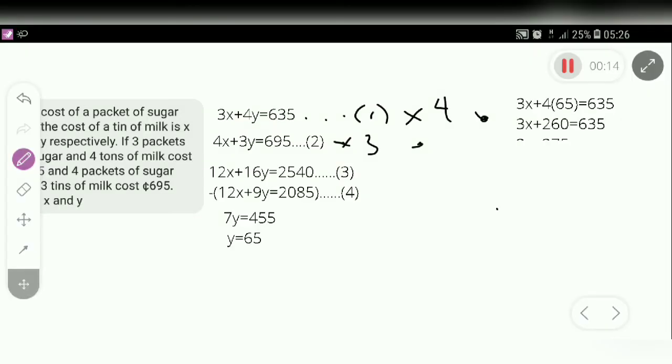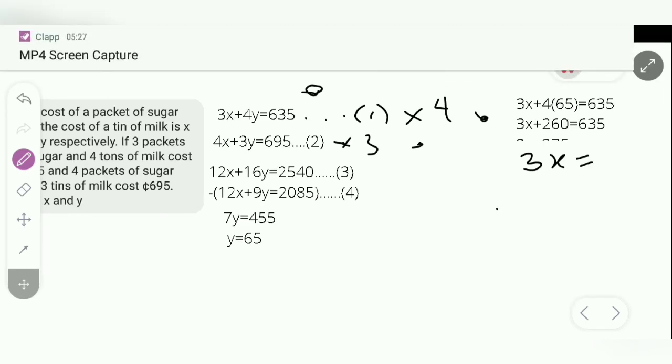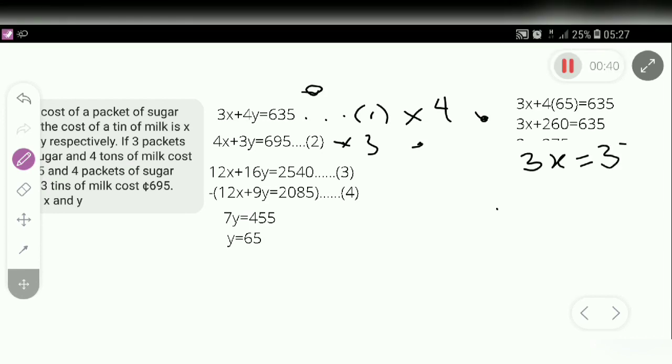I substituted 65 into equation number 1, and I had 3x plus 4 times 65 is equal to 635, and that would give us 3x is equal to, sorry about that, 375.